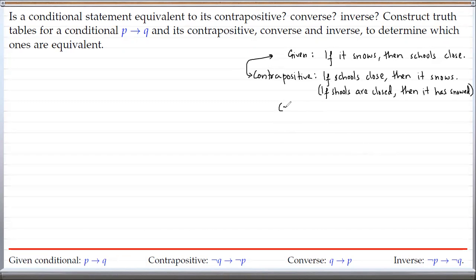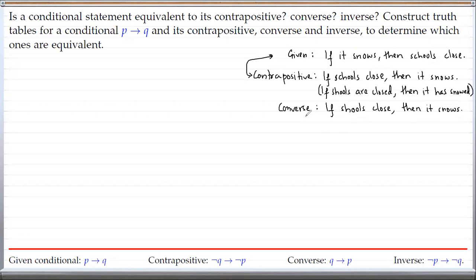Let's look at converse. Converse would be if schools close, then it snows.